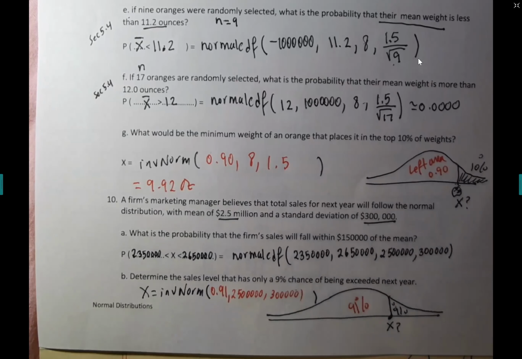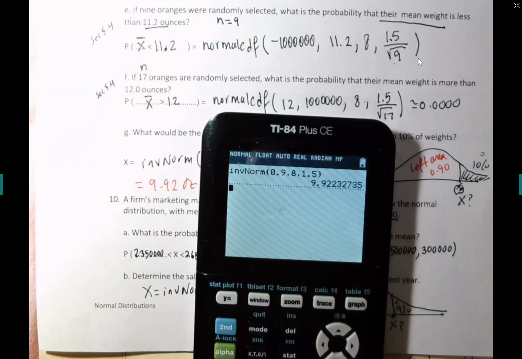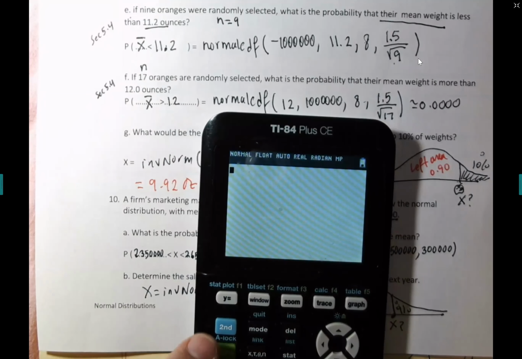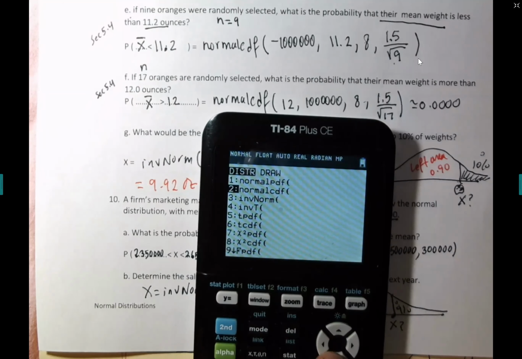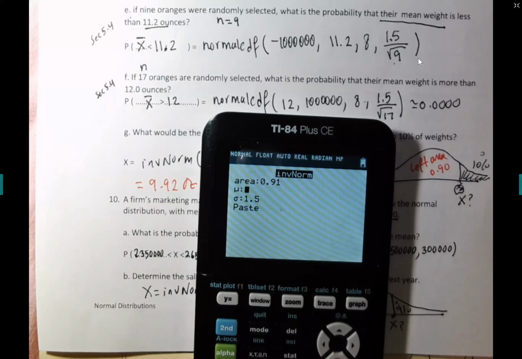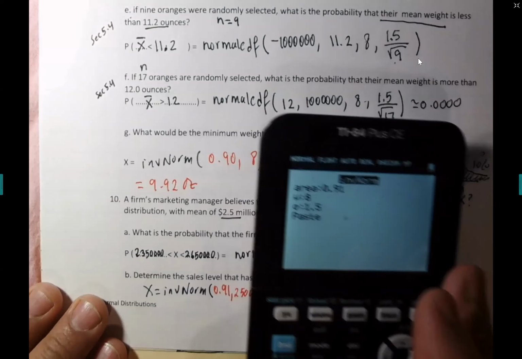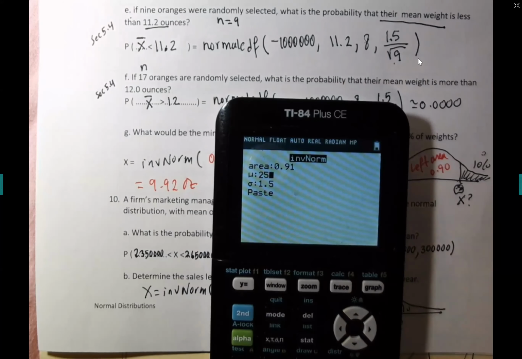And let's see what this answer is. Inverse norm, 0.91. What was it? 2,500,000. Count the zeros properly. Don't miss any zeros here. And then 300,000, and then paste.